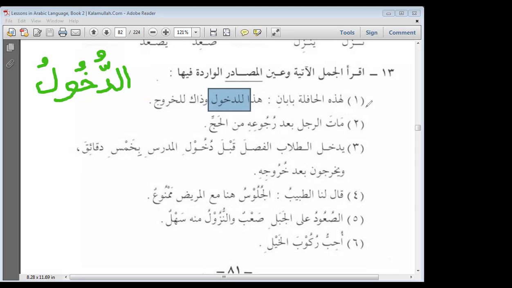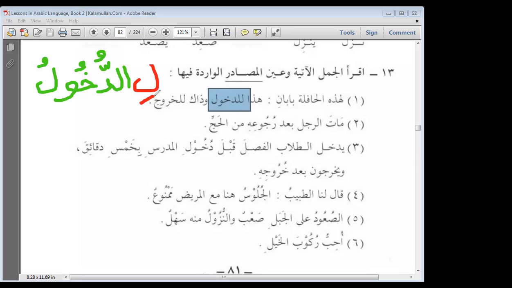Right? Now the lam is silent here because the dal is a sun letter. So once it's alif lam on a word that starts with a sun letter, the lam will be silent. Now what happens here is that we are going to add on to that the lam kasra, li, meaning belonging to.